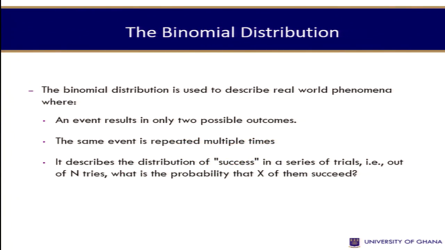Therefore, we start with the binomial distribution. Now, in a binomial distribution, we are using this distribution to describe real-world phenomena. And in this distribution, we have that events occur in only two possible outcomes. And this event is repeated multiple times.